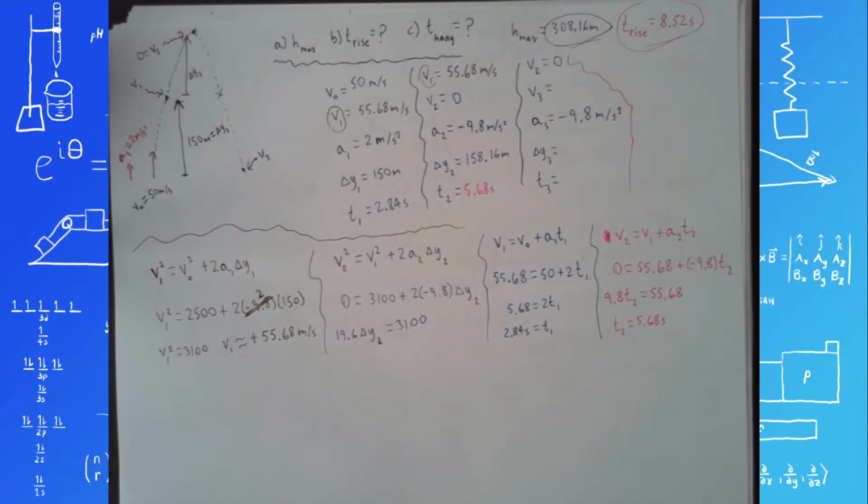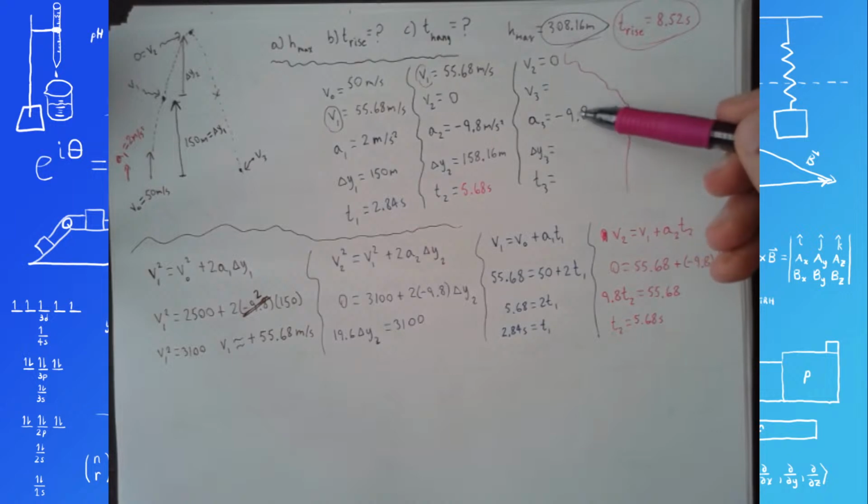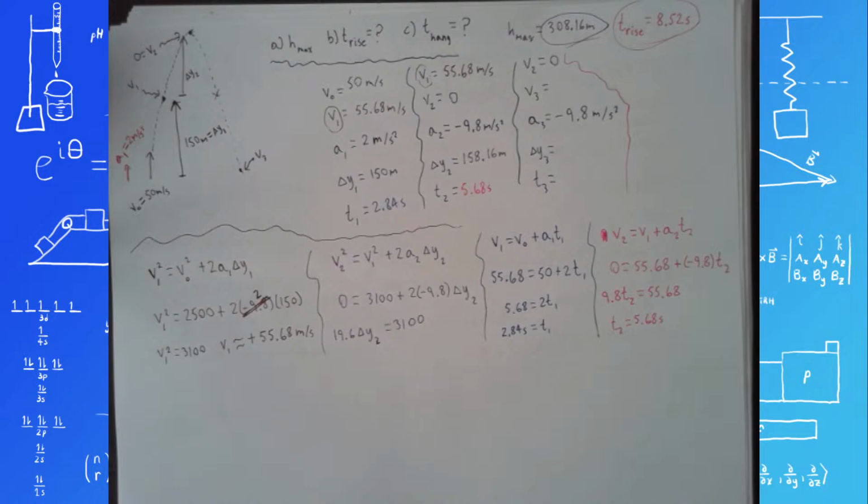So in order to be able to do that, we need a third piece of information here. And which third piece of information do we have? It would be delta y3.